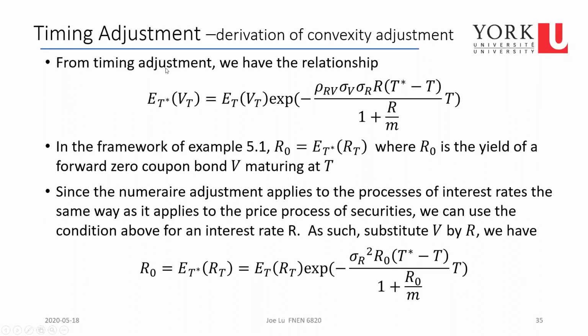Although when we do the timing adjustment, we derive this through prices, we have shown in an earlier lecture that whether it's a rate or the price, the adjustment on the numerator changes is exactly the same form, okay? So we just take that result and use it here. So R naught is equal to this expectation times the adjustment factor, okay? It's consistent with this.